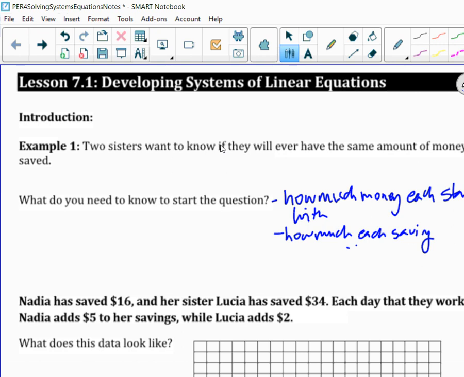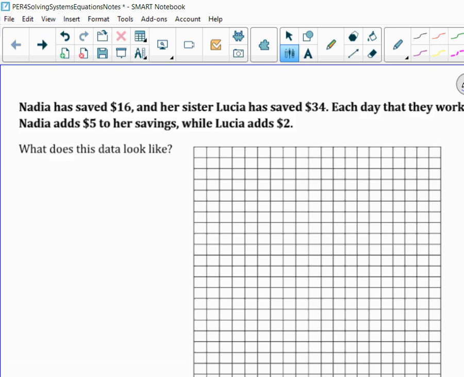Graph it. Okay, so what do I graph? Can we come up with an equation for Nadia? Nadia's amount, let's call it A, is what?